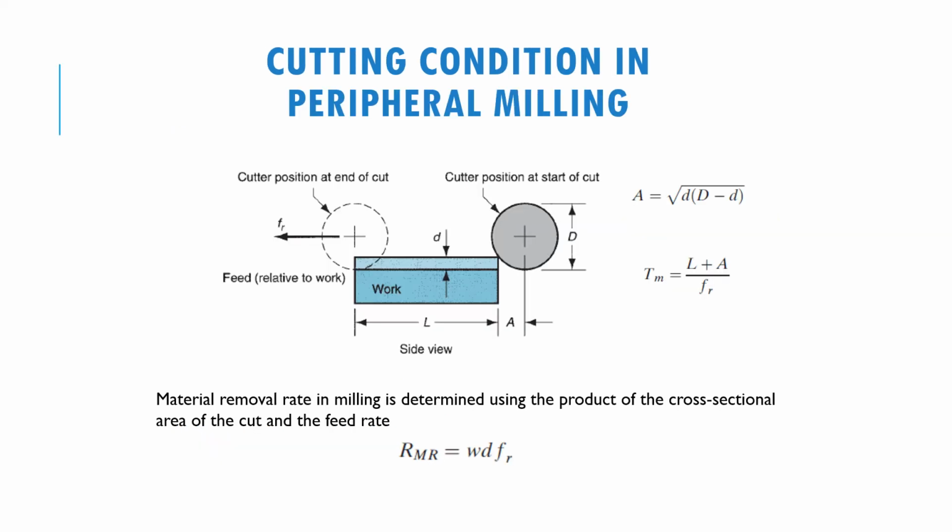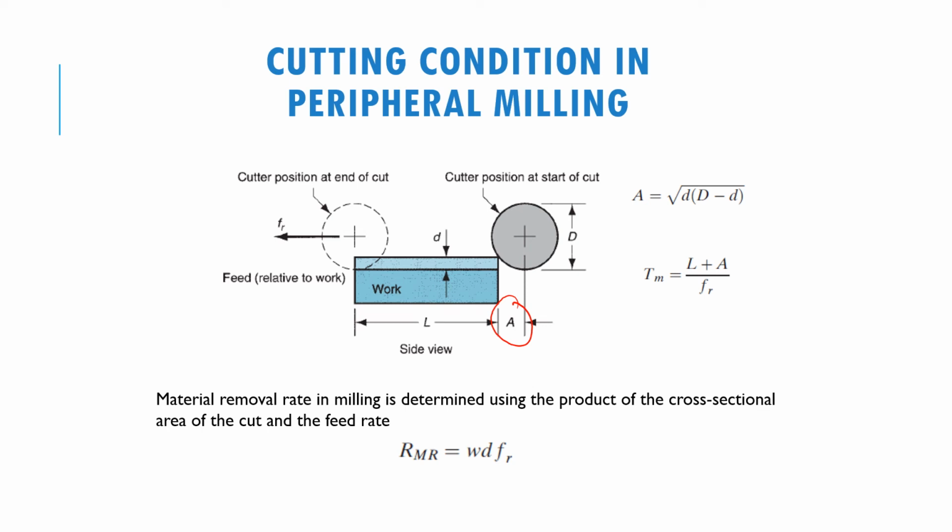Here are the cutting conditions in peripheral milling. In peripheral milling and also face milling, there is an approach allowance distance that you have to take note of. This approach allowance A is between when the cutter first touches the workpiece and the center of the cutting tool.